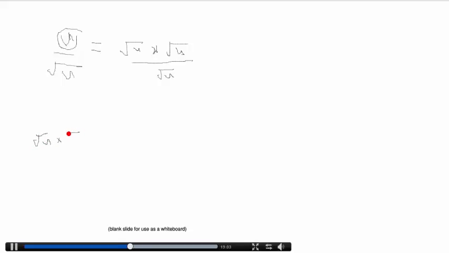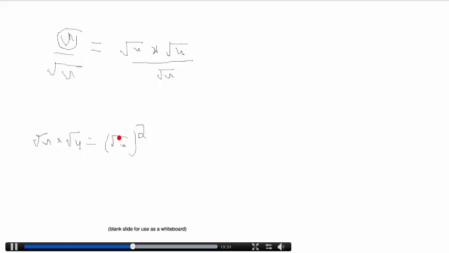If we have root u times root u, then what is it? Root u squared, which becomes u. Had this been x times x, it would have been x squared. So root u times root u is root u, everything squared.